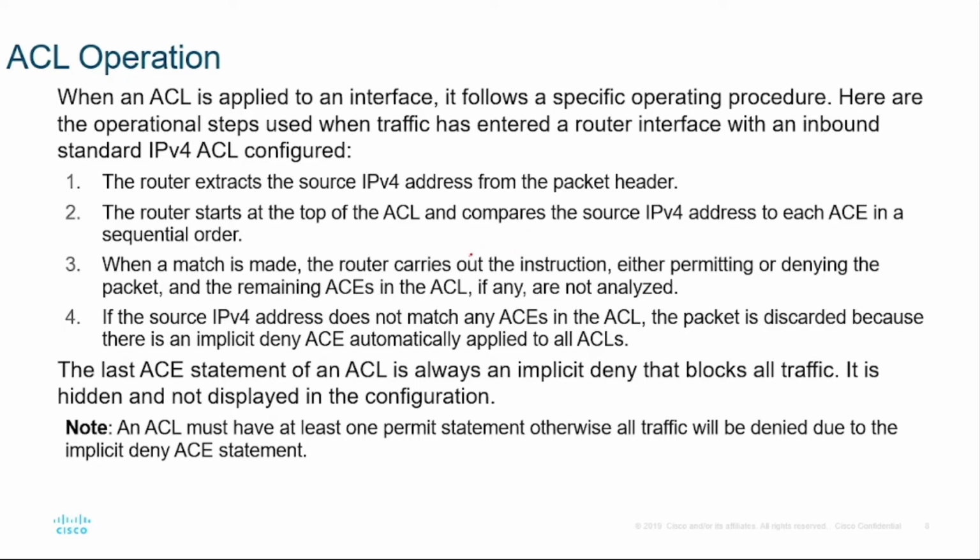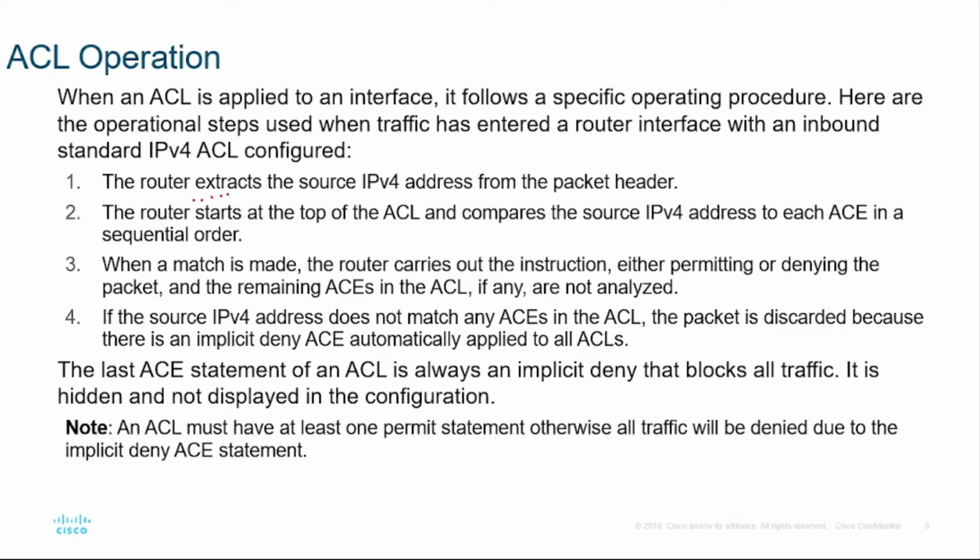Now, to continue with the ACL operation, when an ACL is applied to an interface, it follows a specific operating procedure. Here are the operational steps used when traffic has entered a router interface with an inbound standard IP version 4 ACL configured. So using the standard ACL and the inbound interface, this is how the packet is being filtered.